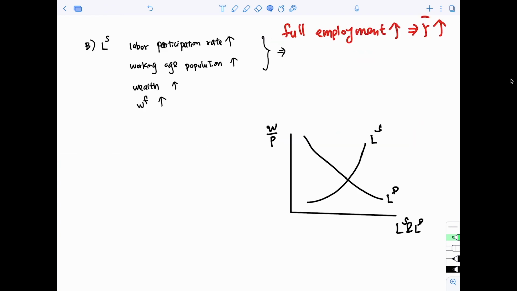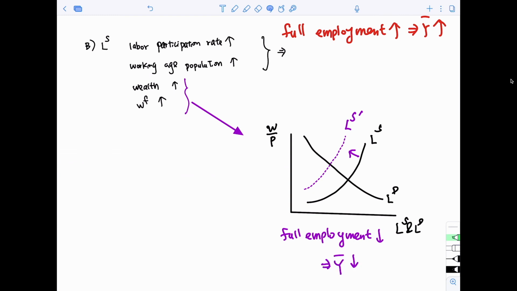Because of that, in the diagram of the labor market equilibrium, under an increase in wealth or an increase in future wages, the labor supply curve will shift to the left. Because of that, this economy is going to have a smaller full employment level, thus the full employment output should fall.